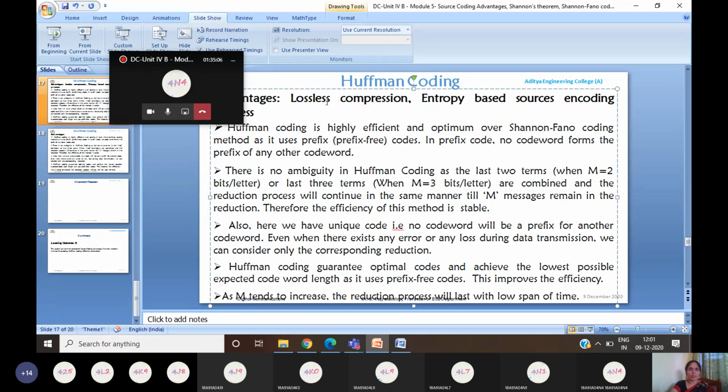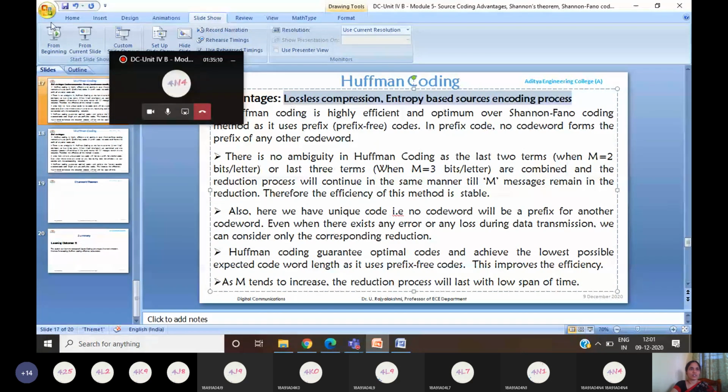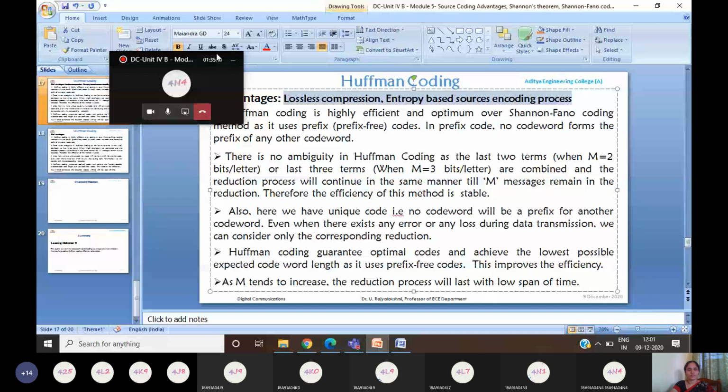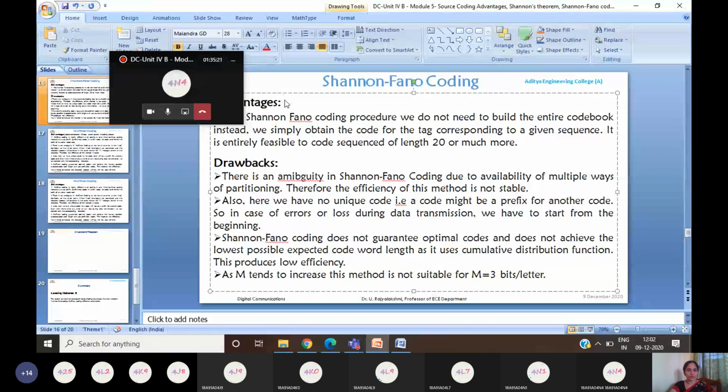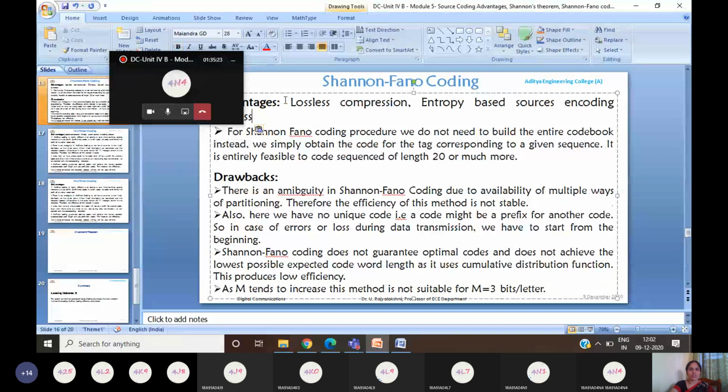Okay, these are the common advantages. I can write the same common advantages in the Shannon Fano coding method also.